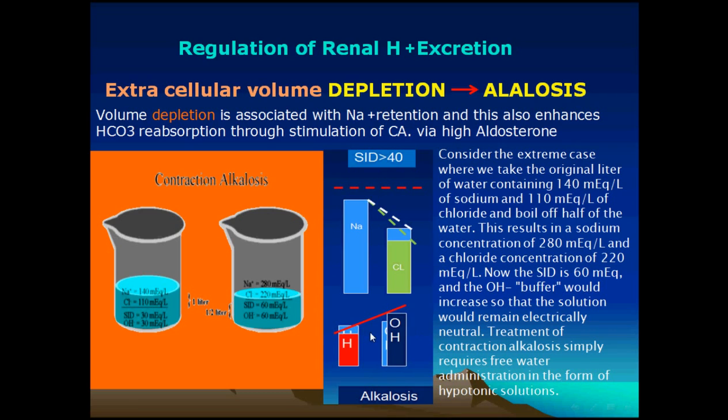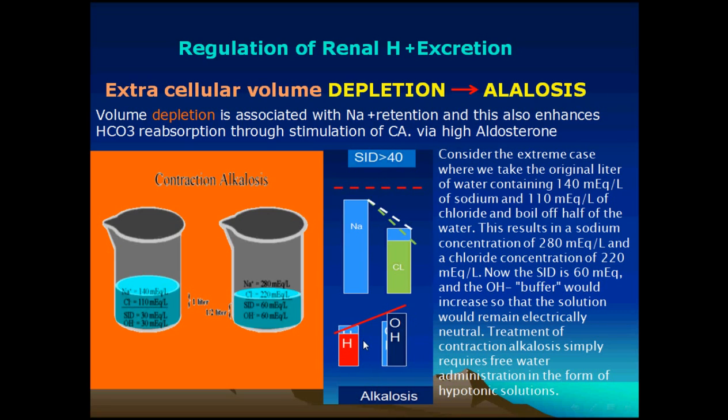So this is an important point. Dehydration will be associated with an increase in the hydroxyl group, or strong ion difference, or the bicarbonate as a hemoconcentration, and in addition to the formation of bicarbonate or hydroxyl group by aldosterone through the carbonic anhydrase, with concomitant decrease in the hydrogen ion.